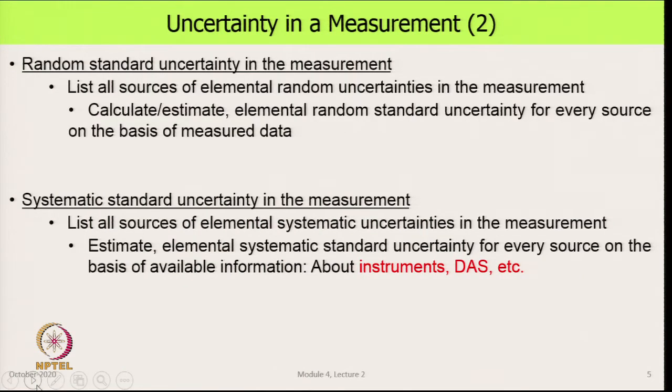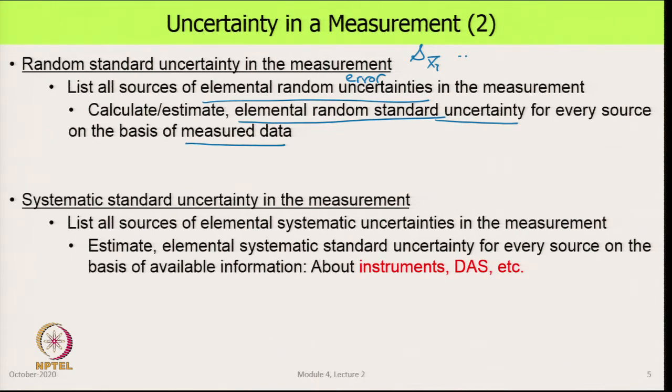So, what we do is, for the random standard uncertainty in the measurement, which was your S x i bar, we list all sources of elemental random uncertainties, elemental sources of uncertainties, or we can even call sources of error in the measurement. And this, as we saw, is the decision of the experimenter. And then we calculate from that data, which will be measured data, the value of each elemental standard uncertainty.